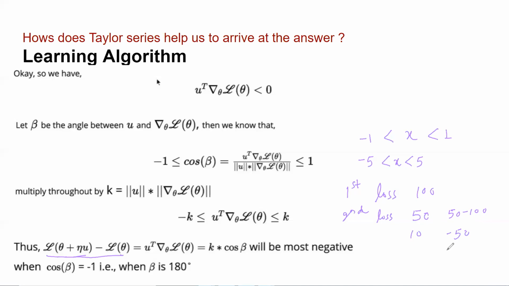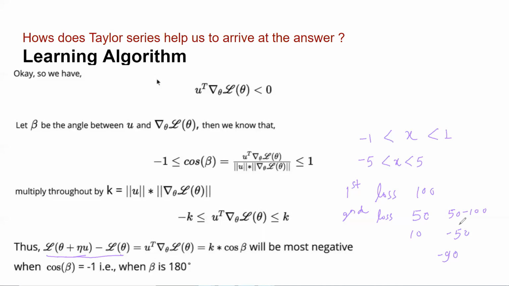In that case, the difference would be minus 90. So the point I'm making is that this expression, L(theta + eta u) minus L(theta), should be as low as possible. For example, minus 90 is better than minus 50.